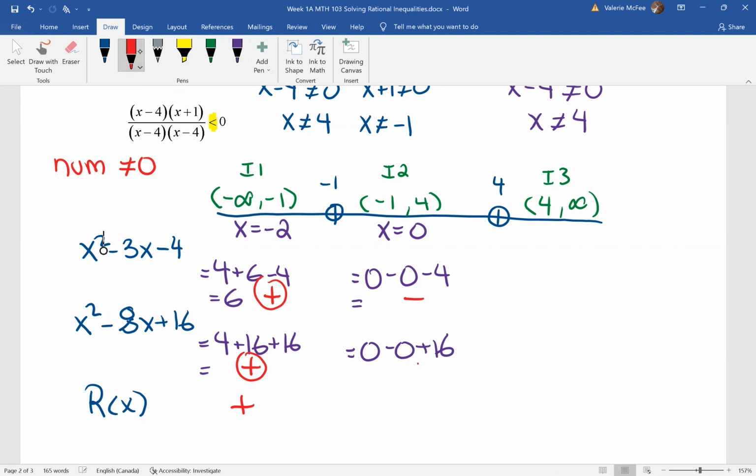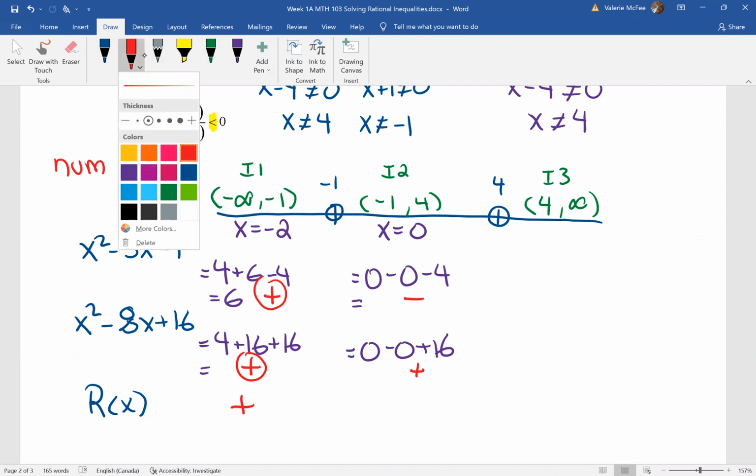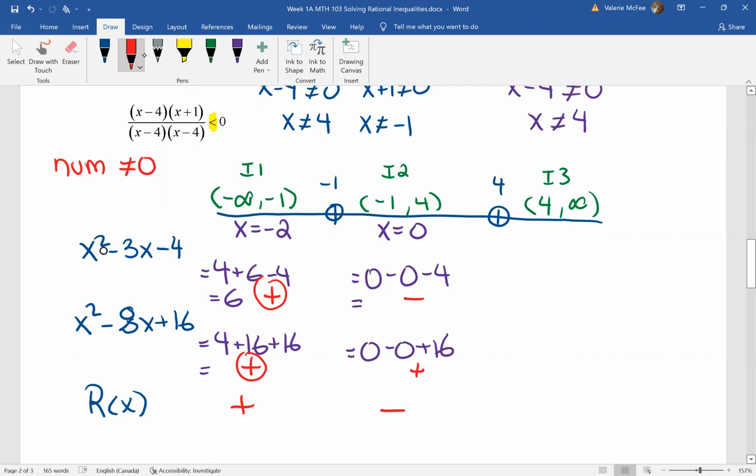I see this is going to be positive. That tells me I have a negative divided by a positive, so the whole expression is going to be negative. A negative divided by a positive is negative.